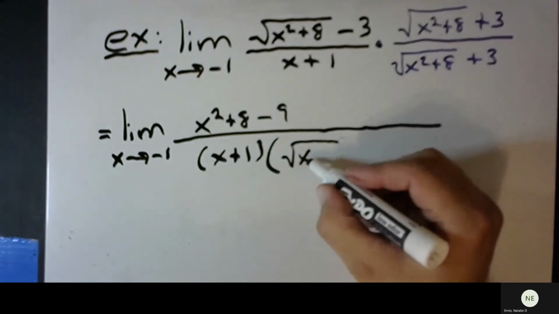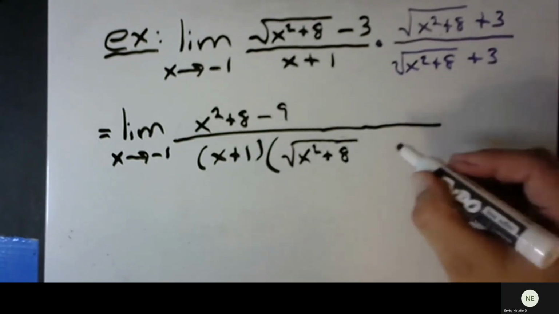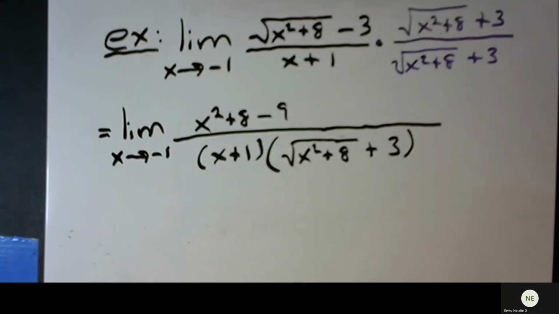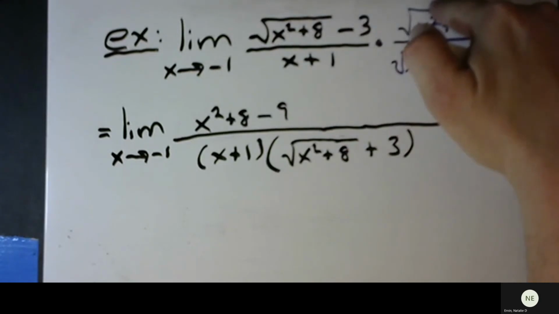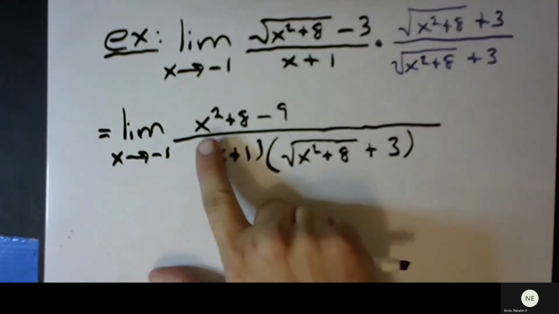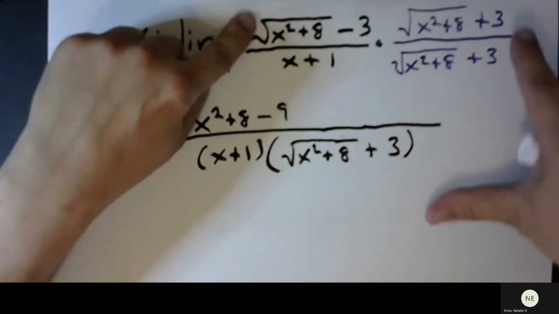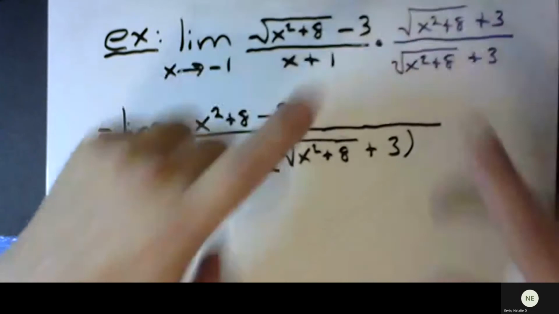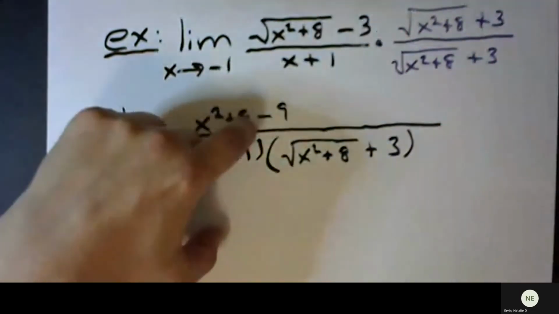So I'm not going to FOIL the denominator just yet. All right, and I'll show you why. So we're going to FOIL the top part. The square root times the square root goes away, leaves you x squared plus 8. Square root, positive 3, and you have a square root and a negative 3. It's all going to cancel. So you still have x squared plus 8.